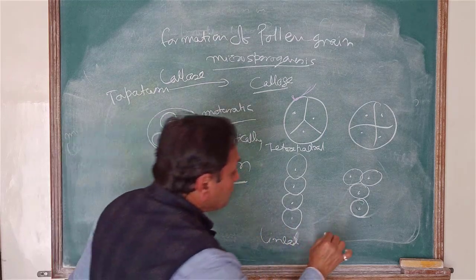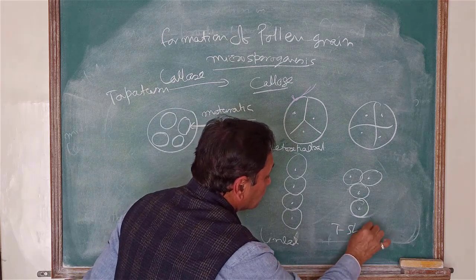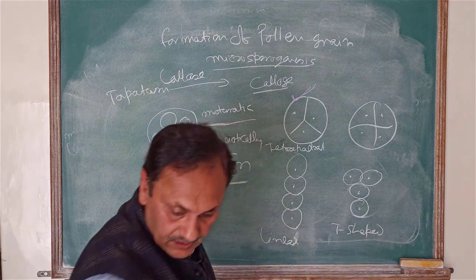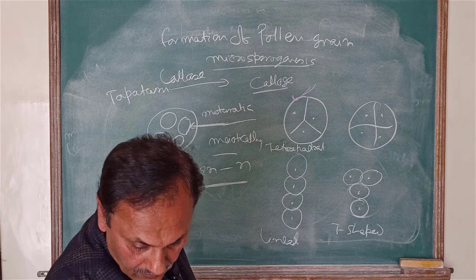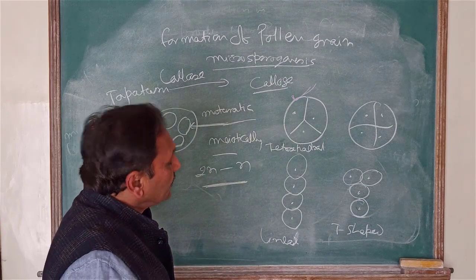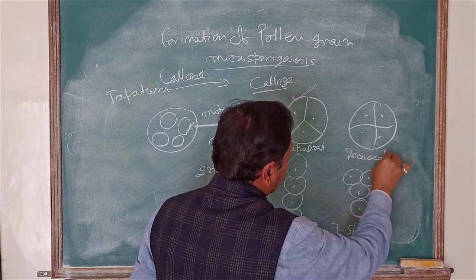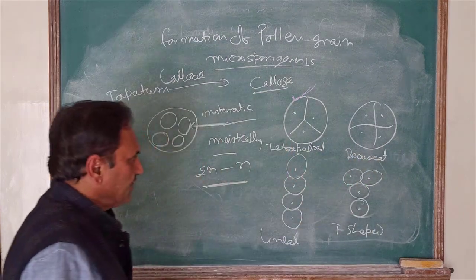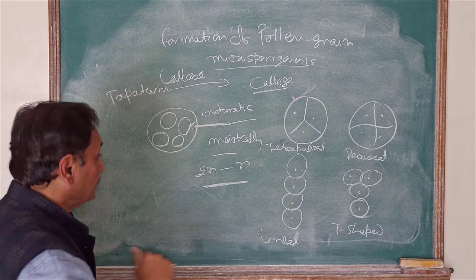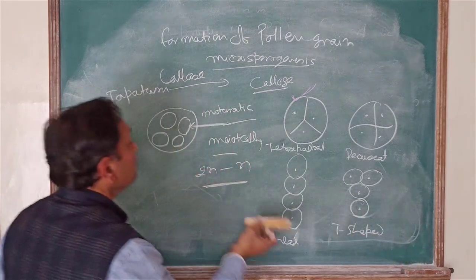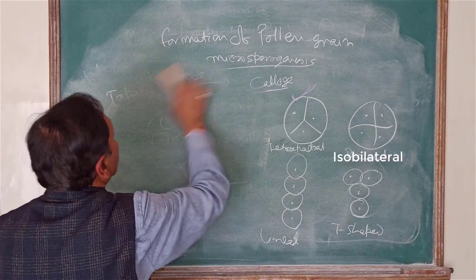This is called T-shaped, and this one is called decussate. These are the types of tetrad, and now we will discuss how the pollen grain is being formed.